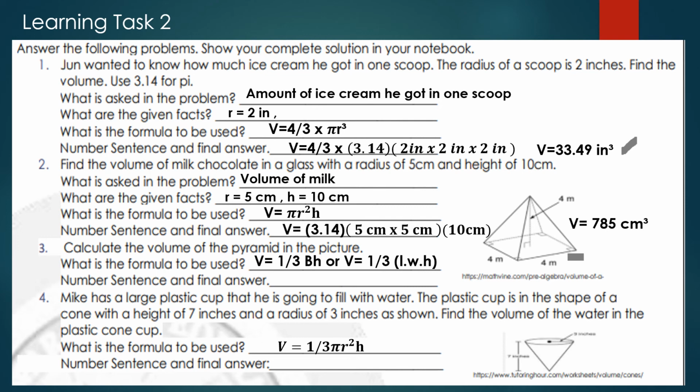Radius niya ay ilan? 3. 3 inches by 3 inches, 3 times 3, and the height is 7. Kayo na rin na magsasagot niyan para meron kayong masasagutan. Yung iba dito ay given na, then effort nyo na yung number 3 and number 4. Pati na rin, kayo na rin na magsasagot ng assessment. Sundin lang yung mga given example, pati yung mga formula given, and then, you can easily answer the assessment.